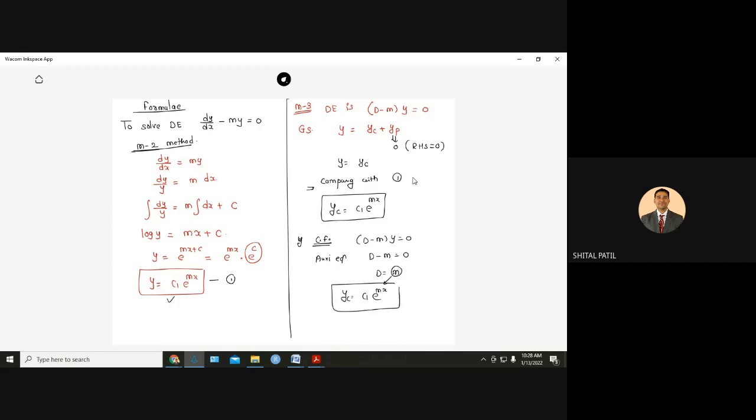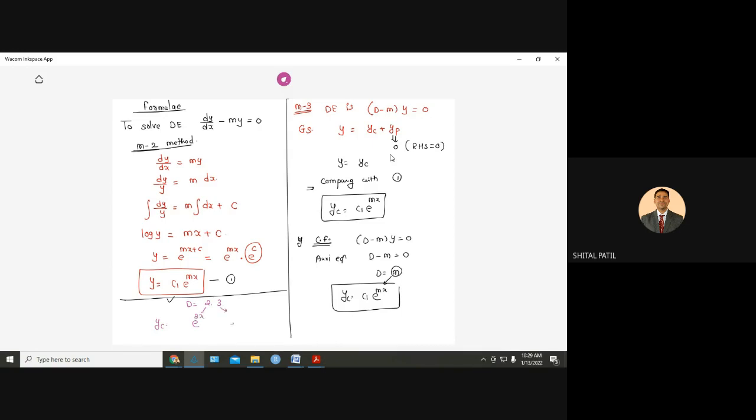This is the formula. Suppose two roots are there. Say one differential equation is there having two roots, d equal to 2 and 3. Before some time we studied this example, d equal to 2 and d equal to 3. Then what will be the complementary function? Corresponding to 2 we have e raised to 2x.